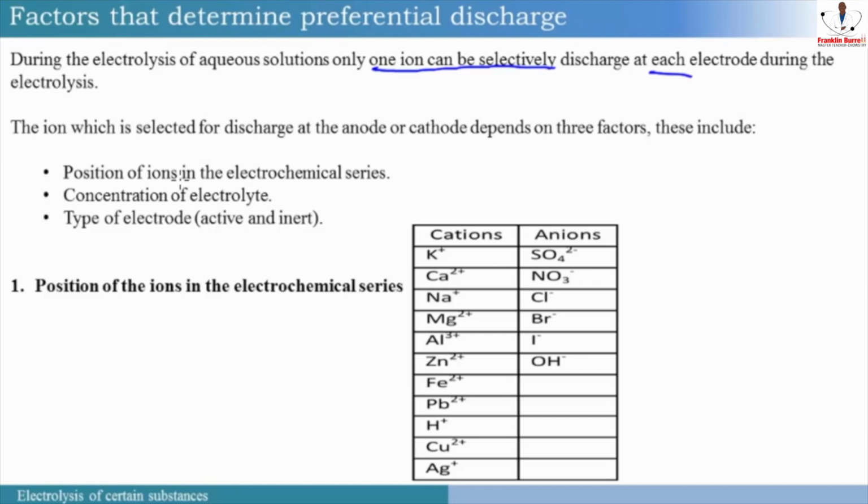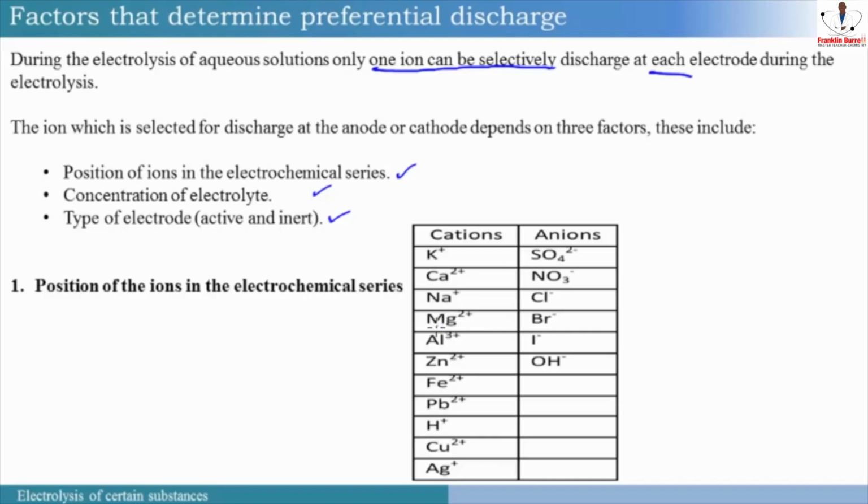We discussed already the three factors. They are position, concentration, and the type of electrodes. We will start by looking at the position of the ion in the electrochemical series. You should remember that we discussed already the electrochemical series. Just to do a quick recap, remember the cations are all positive ions, and in order to form their element in its free state, they must gain electrons.